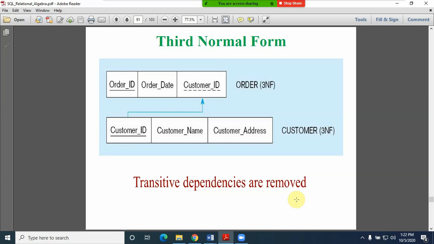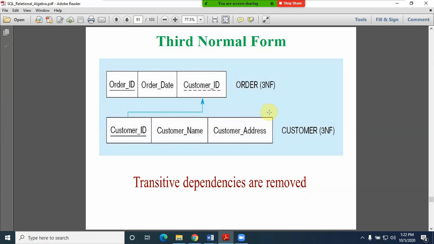Now, if I am talking about the customer information, consider customer ID, customer name, and customer address. Customer ID in this table is the primary key. Next we consider the order table: order ID, order date, and customer ID. In this case, order ID is the primary key, order date is a non-key, and maybe the same customer would have given multiple orders.